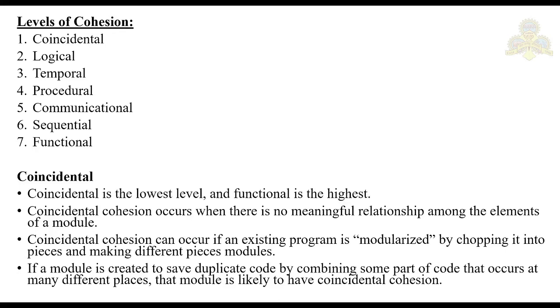You copy the existing code into some other module, add some contents, and it is placed in n number of places. Even then we say that we have a coincidental cohesion. The basic idea here is that in a module, there is no meaningful relationship between the elements.